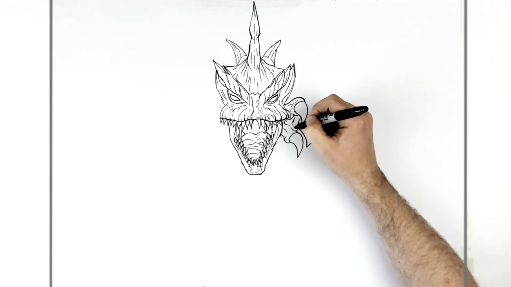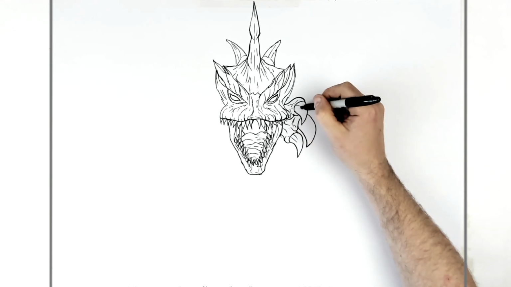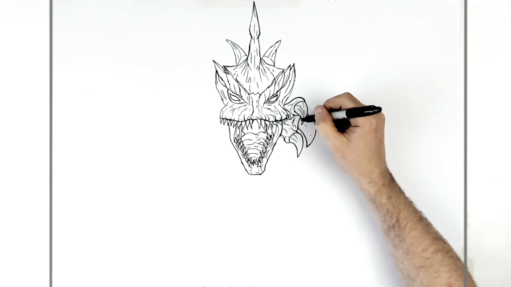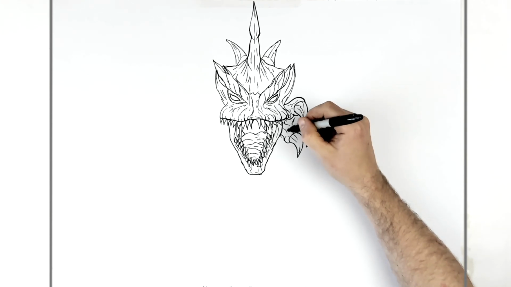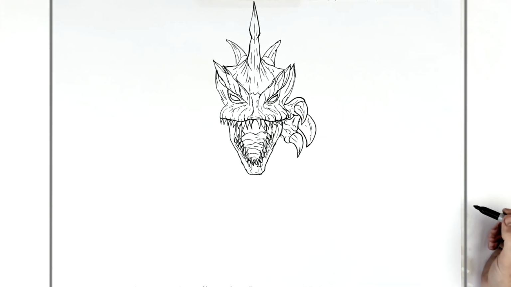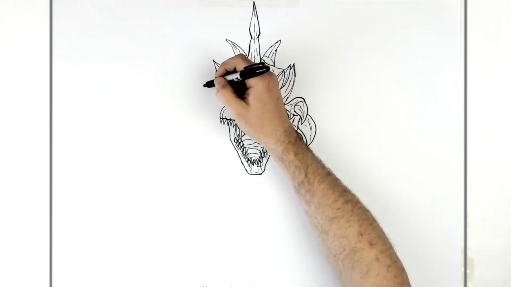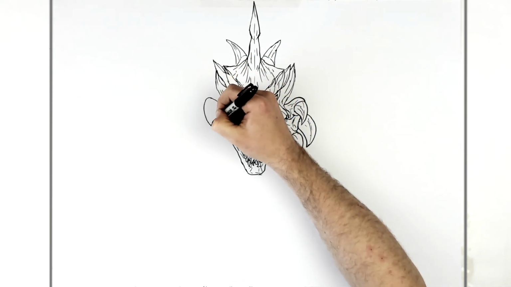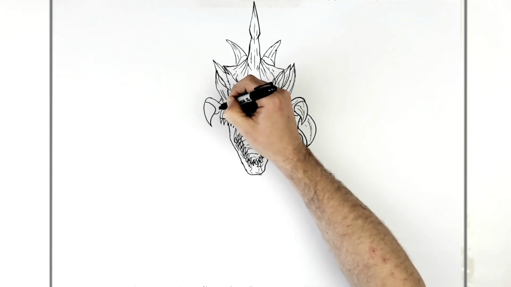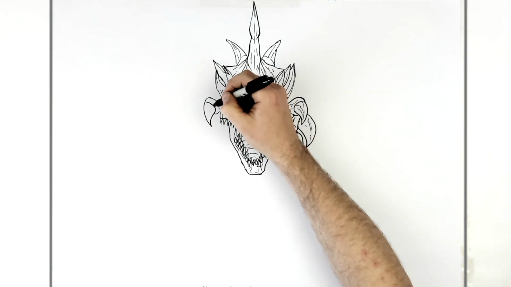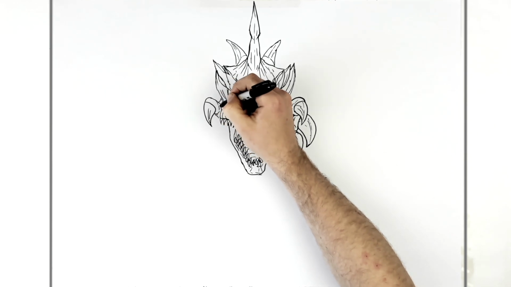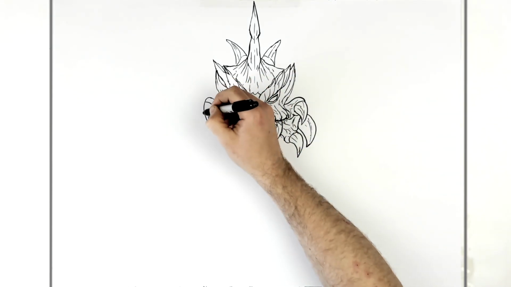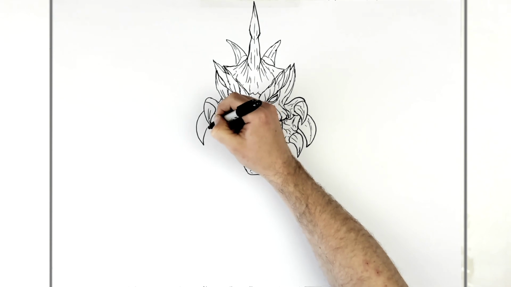There's all texture on these as well. Kind of like that. And we do the same thing on the other side. So, spike, like that. You're just kind of copying the other side. Spike here, goes up underneath it.